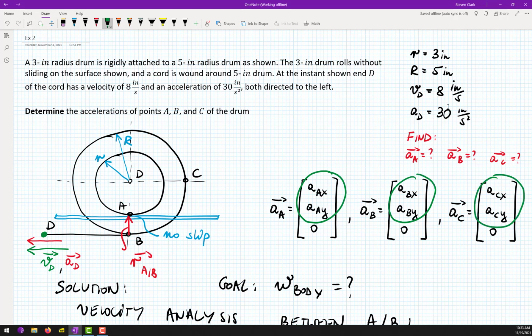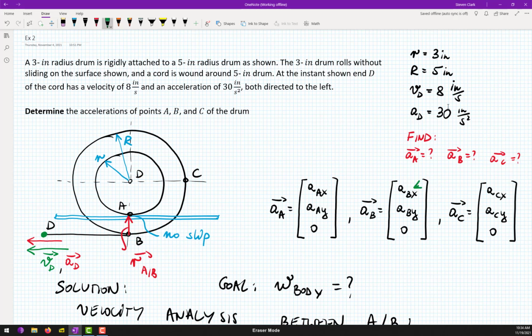Can you guess some of them immediately? For example, what is this value? ABX. B is here. It's exactly acceleration of D.